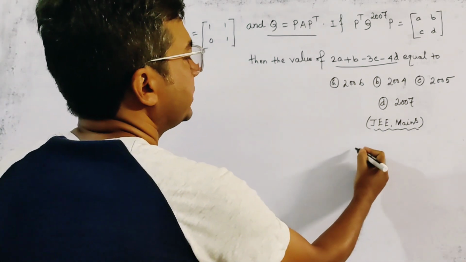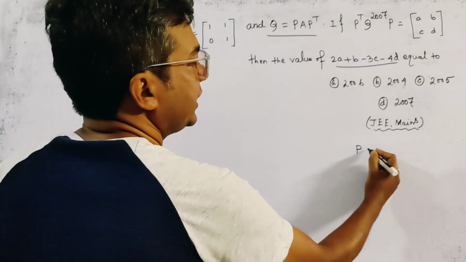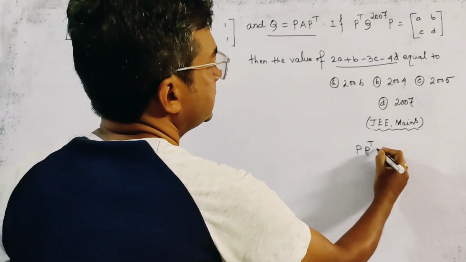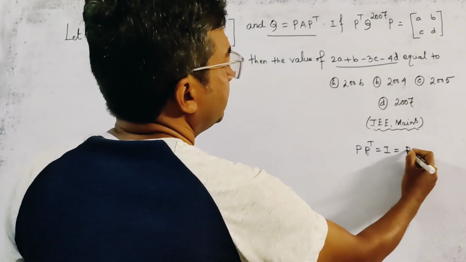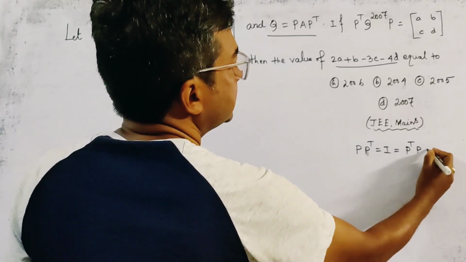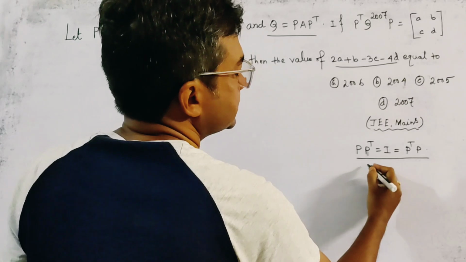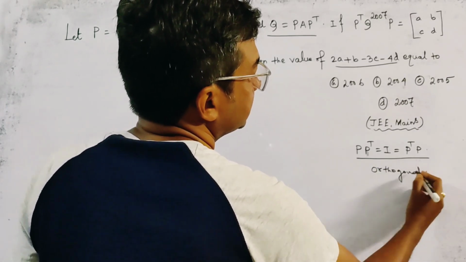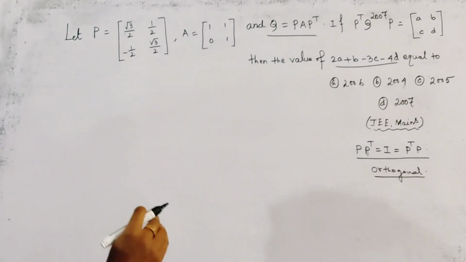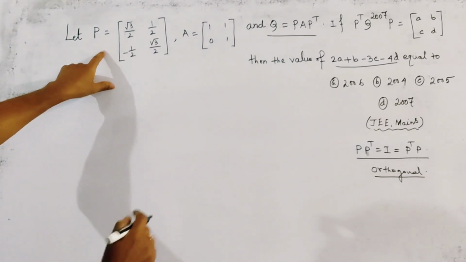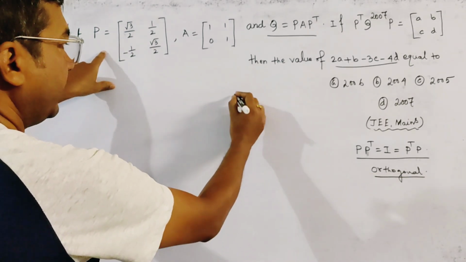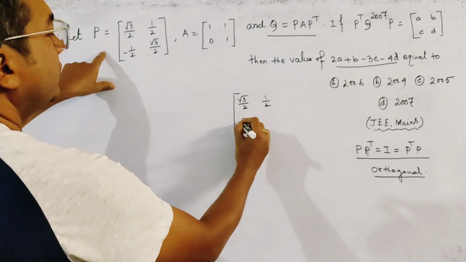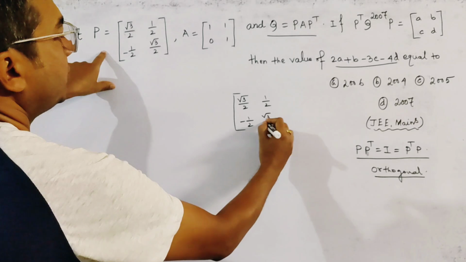A matrix P is said to be orthogonal if P into P transpose equals I, or P transpose into P equals I. Now to test the orthogonality, we write the matrix P: root 3 by 2, half, minus half, root 3 by 2.